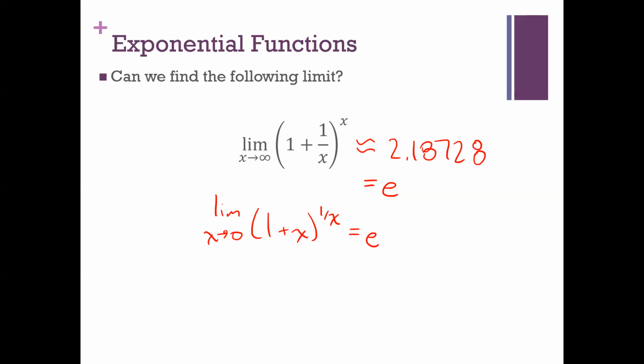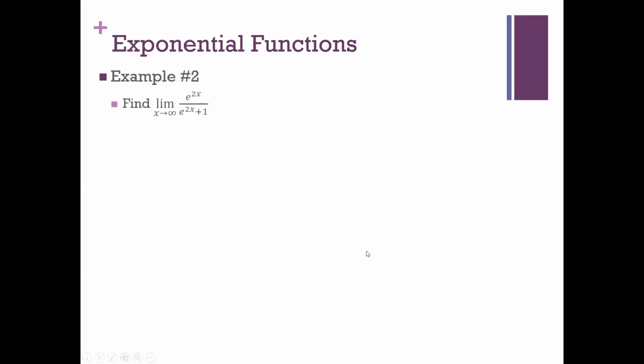I'm guessing most of you have seen this number before, but this is really where it comes from. By definition it comes from this limit. We're going to use it for lots of stuff in this class and beyond. It's a very common base for exponential functions.